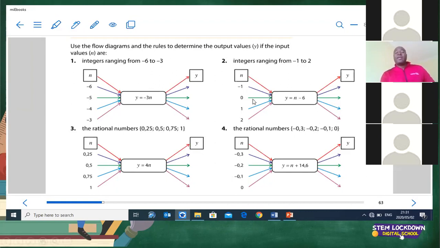N is 0 there, y will be equal to 0 minus 6, which is -6. N is 1, y will be equal to 1 minus 6, which is -5. N is 2, y will be equal to 2 minus 6, which is -4.